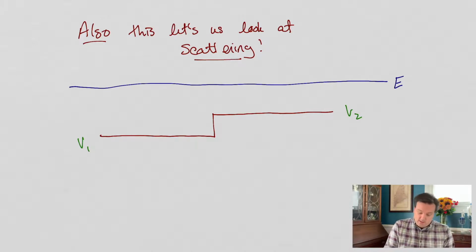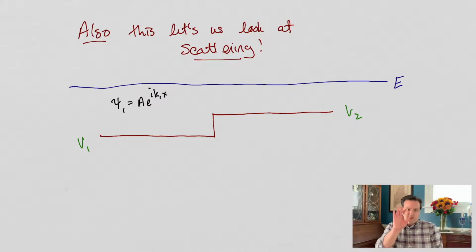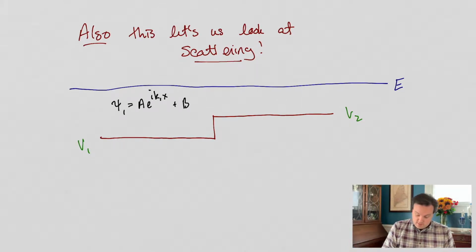Over here, I'm going to have some particles coming in, so I'll say a e to the i k1 x, and I say k1 because that's the k corresponding to V1, and then maybe some get reflected. The first term are the particles moving to the right. There's this weird interface, so perhaps some are going to be moving to the left. I'll call that b e to the minus i k1 x.